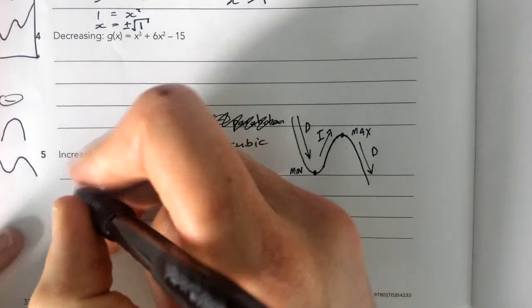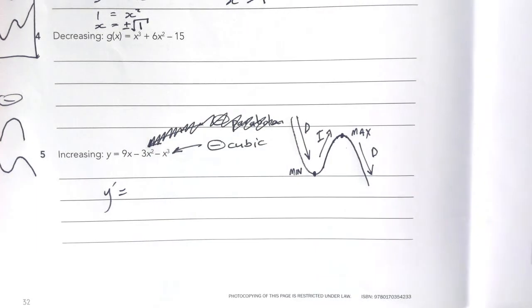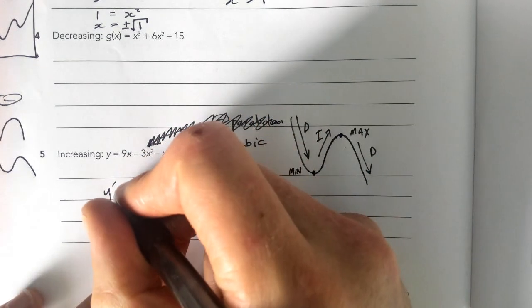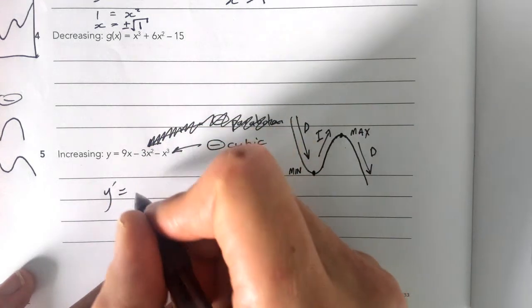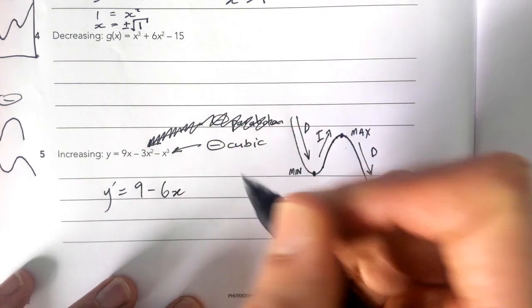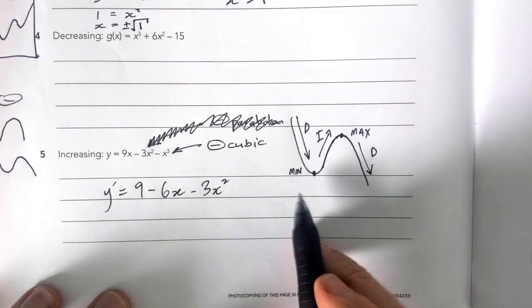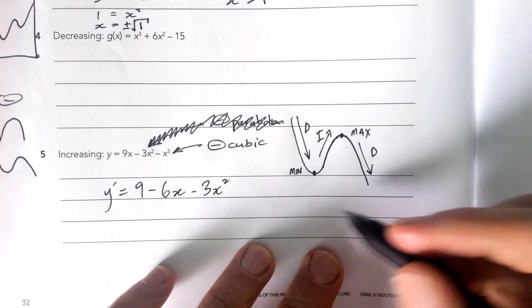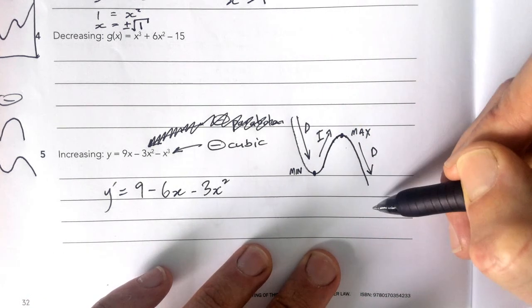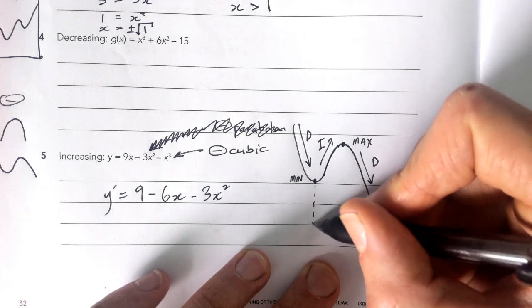Okay, so let's do the derivative. I'm going to go with y dash this time. Ooh, that's a pretty y. Pretty dash as well, actually. Okay, so what we do is going to be 9 minus 6x minus 3x squared. It goes from a negative cubic to a negative parabola where these 2 points are the crossover.